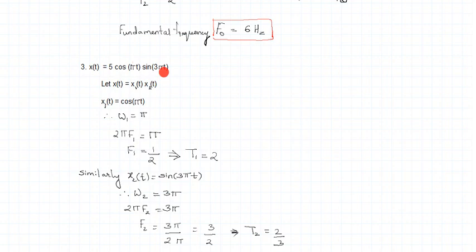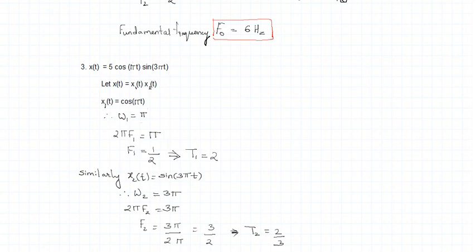So let us proceed. This time, let x(t) be x1(t) into x2(t). So what is my x1(t)? x1(t) is the first component, cos(pi t). Comparing it with the standard signal, I get omega, which I'll call omega 1, to be pi. Expressing omega 1 as 2 pi f1, we get 2 pi f1 is equal to pi.